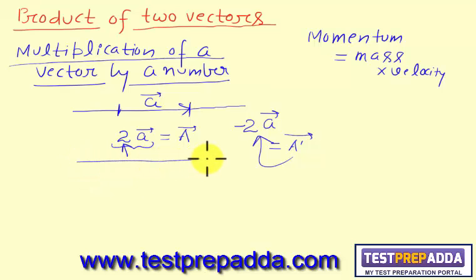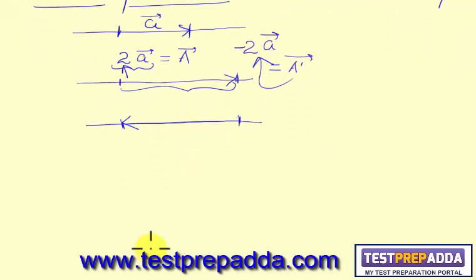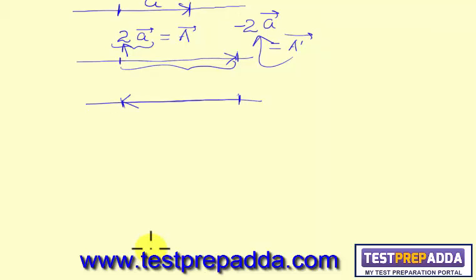In the previous case, it was 2 times the vector A. This time the direction will also change because it is -2A. So this is the multiplication of a vector by a number.